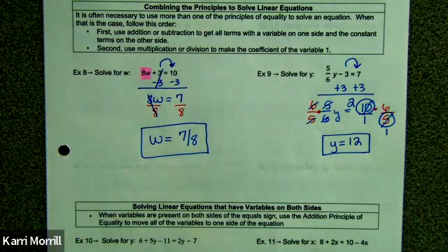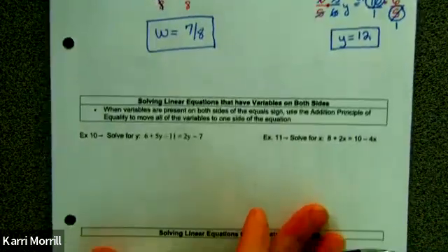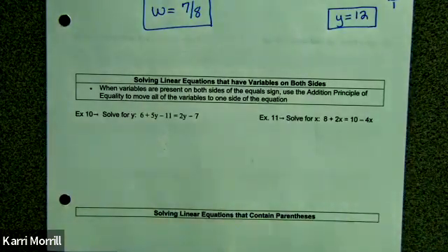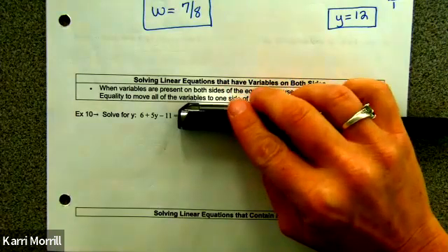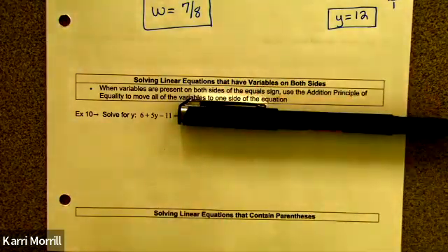Well, now we may have variables on both sides. It might get just a little bit busier, kind of working our way up to more complex equations. So let's look here. Sometimes you might need to do some other things before you start to solve. If you look at this example 10, kind of ignoring the right-hand side for just a minute, think of that just like simplifying an expression.